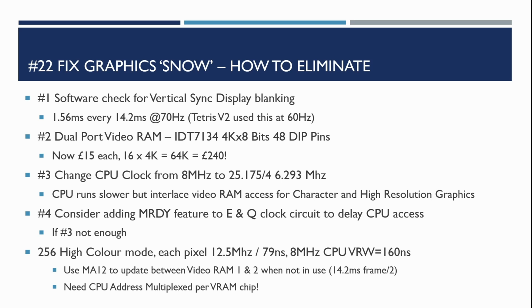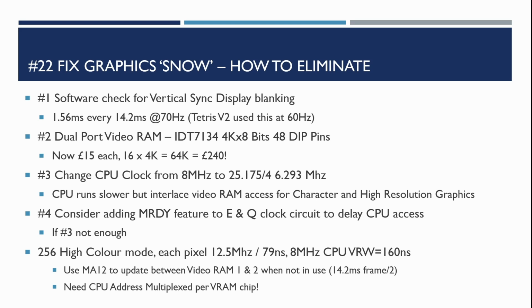Well, I tried option number 3, changing the CPU clock to be 6.2 megahertz, by taking a direct feed off the QB clock divider, and it didn't really make any difference. In fact, when I looked at it with the logic analyzer, the CPU cycle was matching pretty much the CRTC cycle, and there wasn't really any scope for slotting the memory accesses in between those cycles.